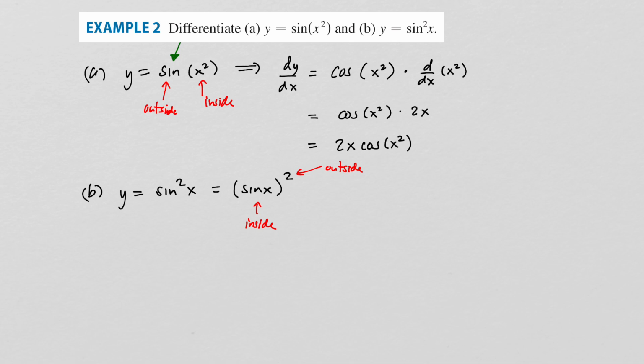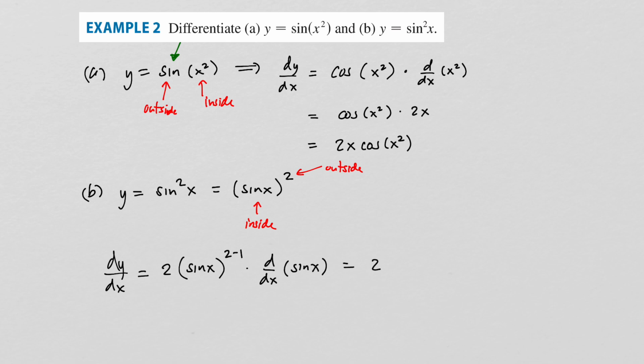So when I go to take the derivative here, dy dx is going to start with the derivative of the outside function, which is a power. And to do that, we're going to bring the power down. Whatever's inside the parentheses stays inside the parentheses. And then we subtract 1 from that power. So again, this is just the power rule. And then we have to remember to multiply by the derivative of the inside function.